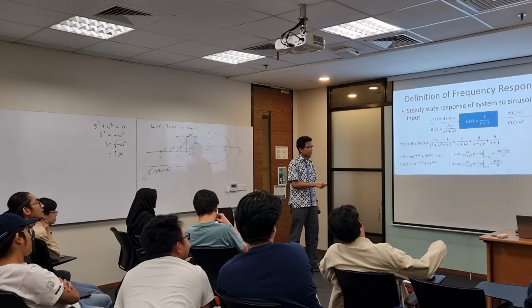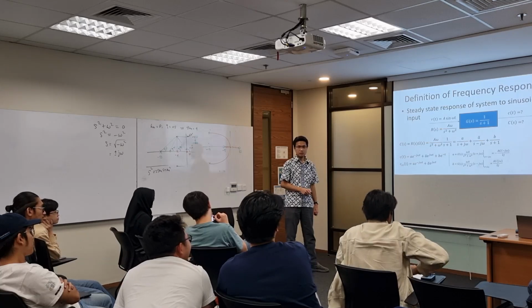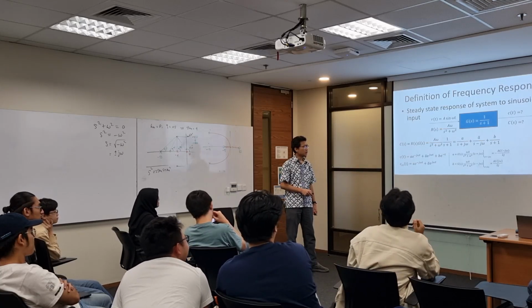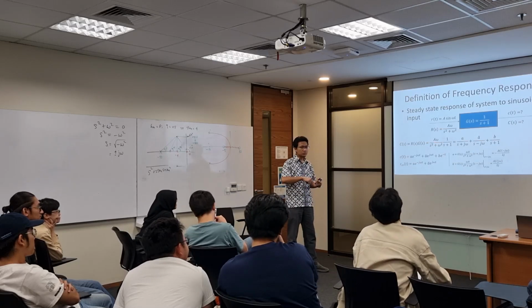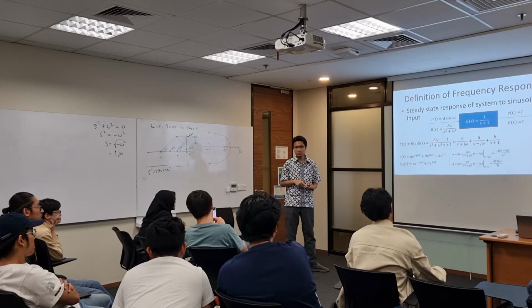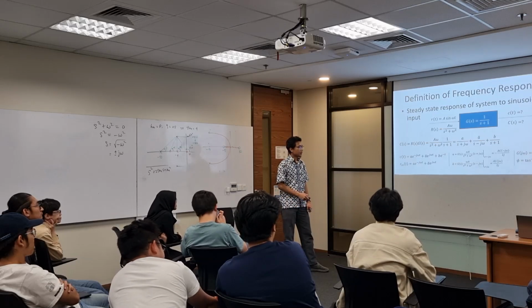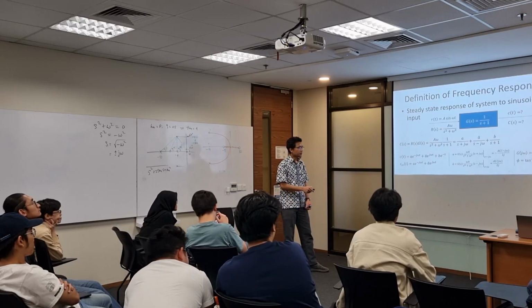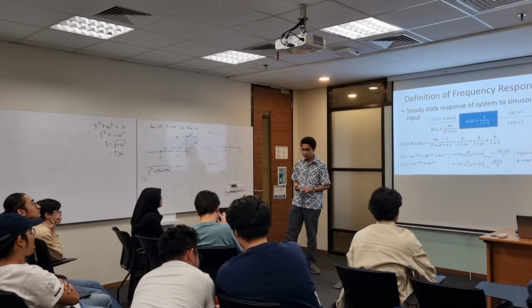A is the coefficient for this. Capital A is the amplitude of the sinusoid function. And so you see this G of j omega. What is G of j omega?